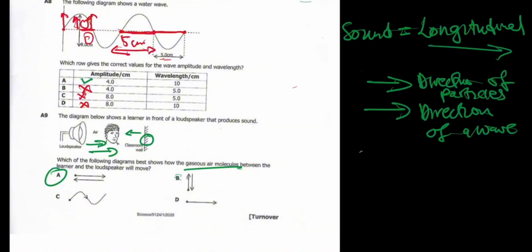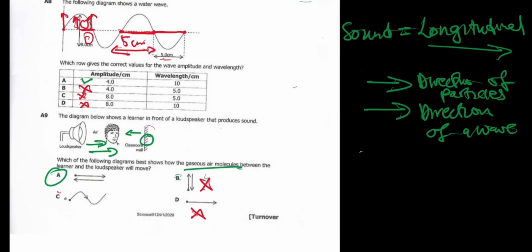So this is for transverse waves, so it can't be the correct answer. And this one is just one. So it can't be the correct answer because you have to have a reflection of sound or the bouncing back of this sound. Whereas this is just showing one direction of sound.